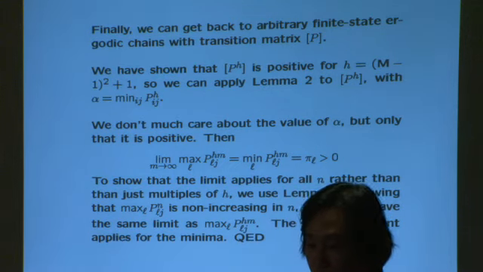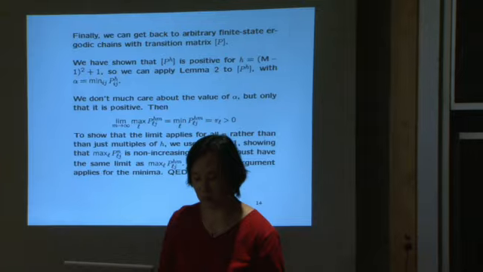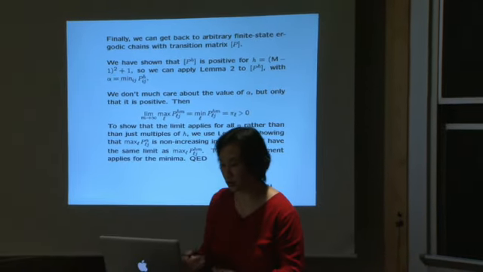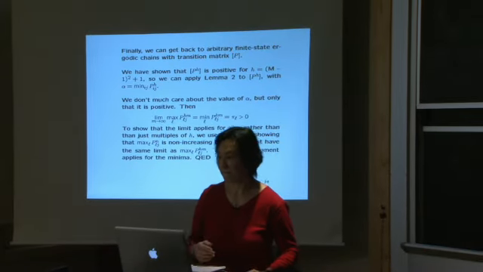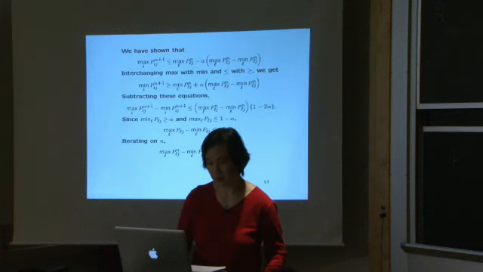So this is how we prove it for the arbitrary finite state ergodic chain when we have some zero probability transition elements in the matrix P. The proof is the same. All right.